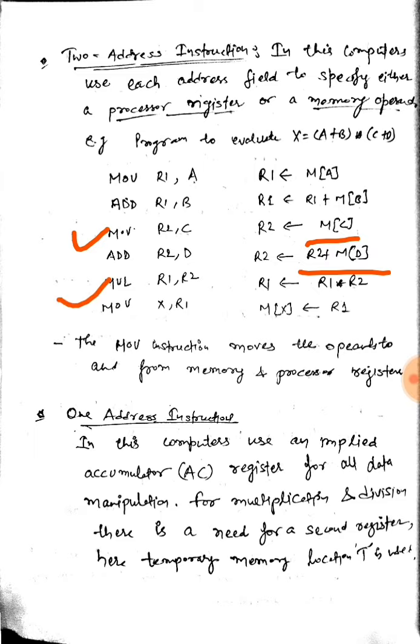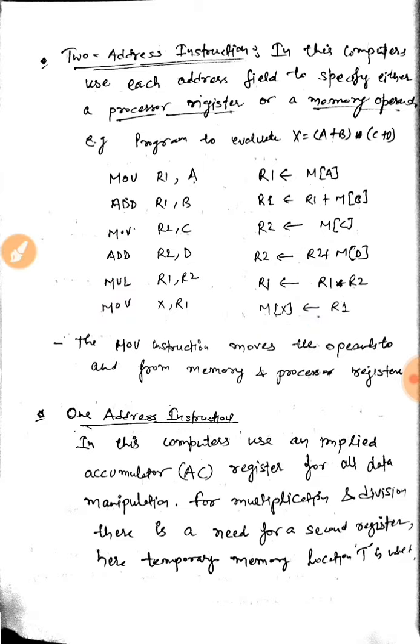Then I multiply the contents of registers R1 and R2, and move the content to location X, that is M of X. So this is the 2 address instruction format.